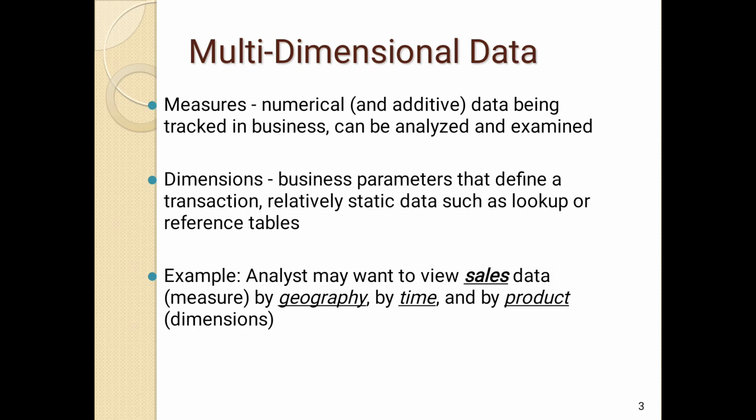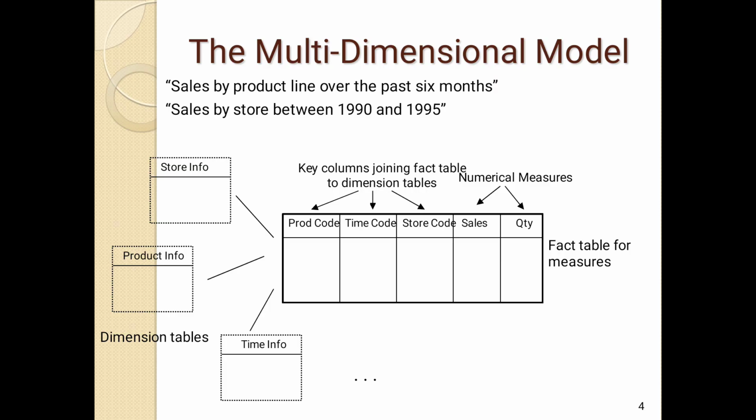For example, an analyst wants to view the sales data, by location, time, and particular product. That is geography, time, and the product. So he can see your relational table: sales by product line over the past 6 months.